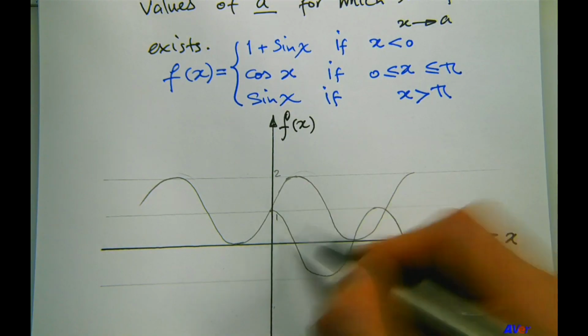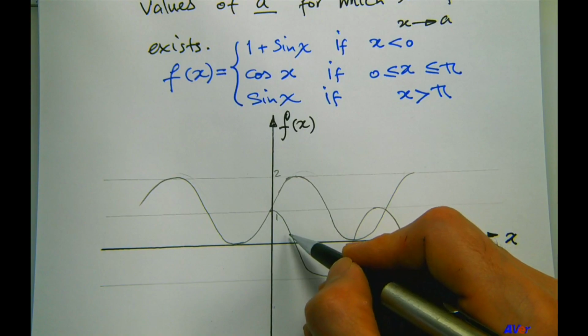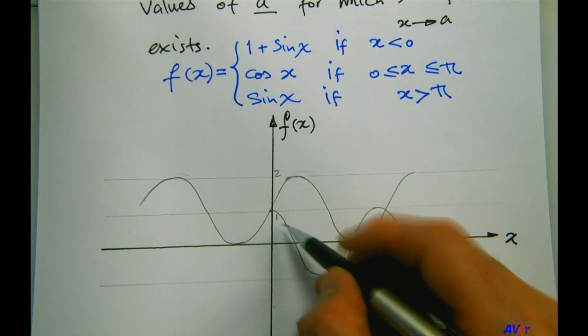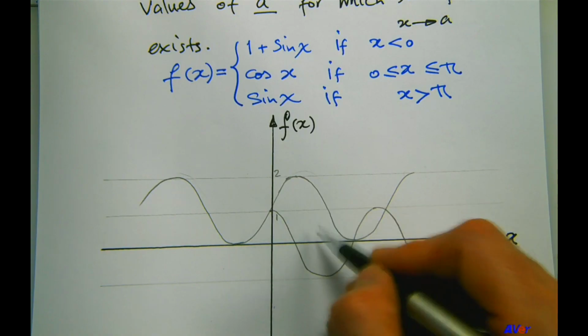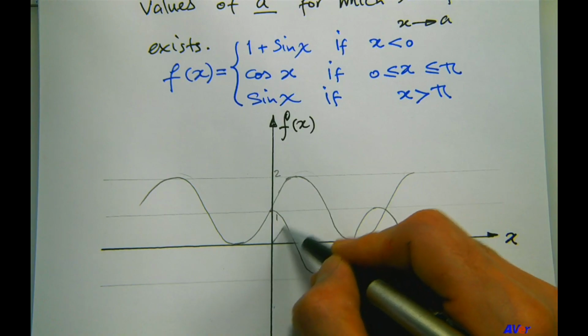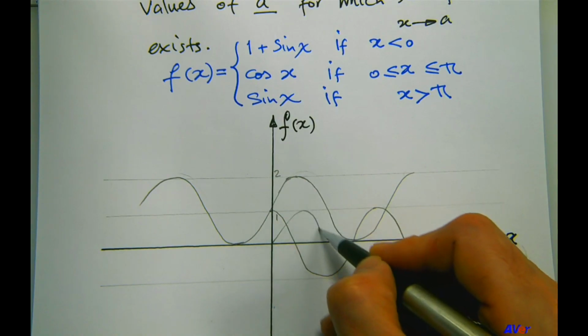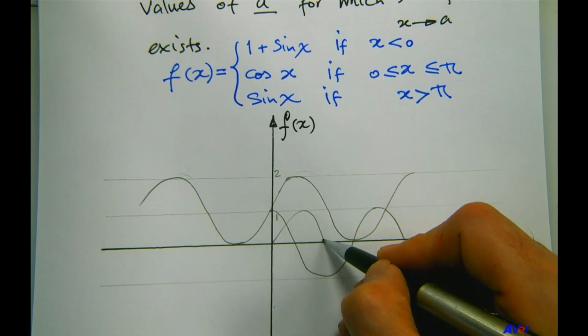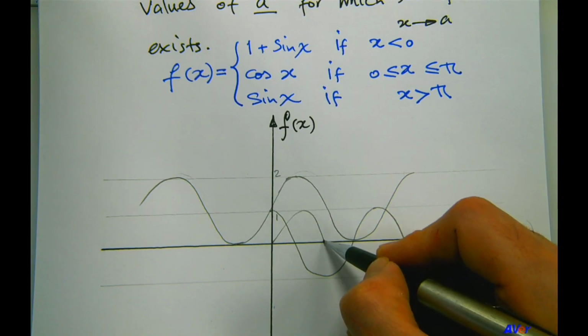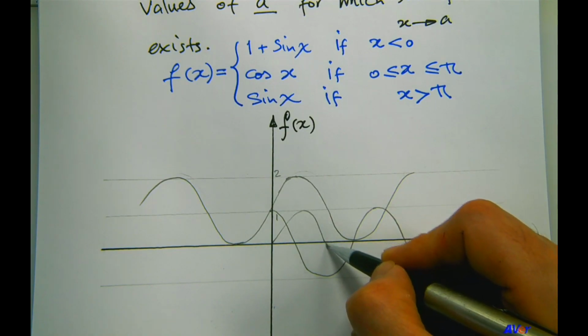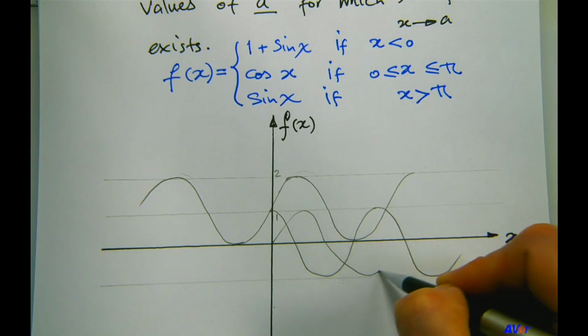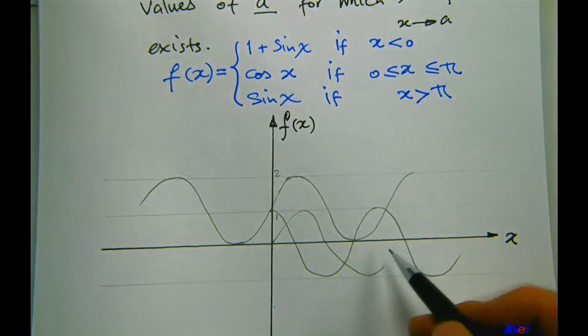And then, let's see, if I want to draw these as best as I can. So it's like that. I think that's good enough. And then like that. Did I draw that correctly?